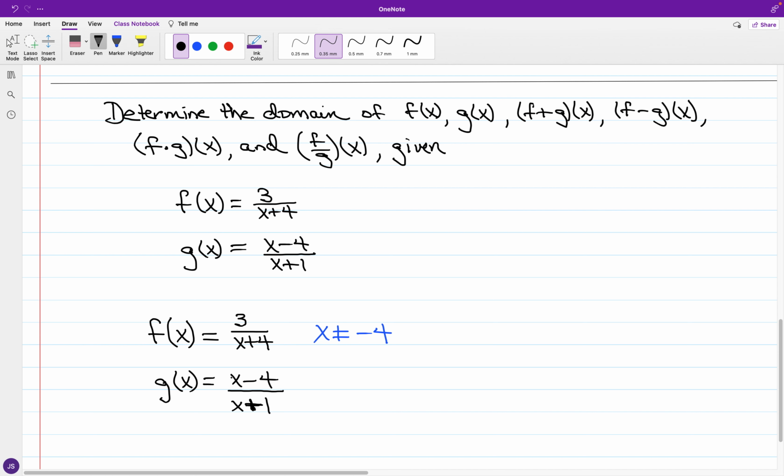And you can have a zero top part of the fraction as long as the bottom number does not happen to also be 0. So in this case, for f of x, again, x plus 4 cannot be 0. Now for g of x, x plus 1 cannot be 0. And if x plus 1 cannot be 0, we have that x cannot be negative 1.